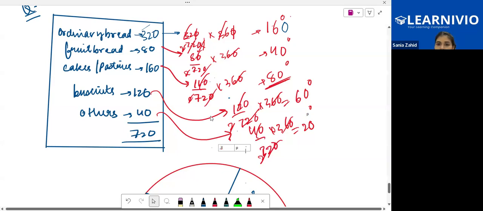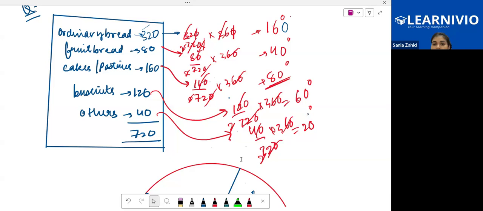Show your work. Correct. Nice. Okay, very good, both of you. I guess now you must have learned how to draw a pie chart. Do you guys have any doubt? No, ma'am. Okay, very nice. Now I shall be giving you a few homework to draw the pie charts.